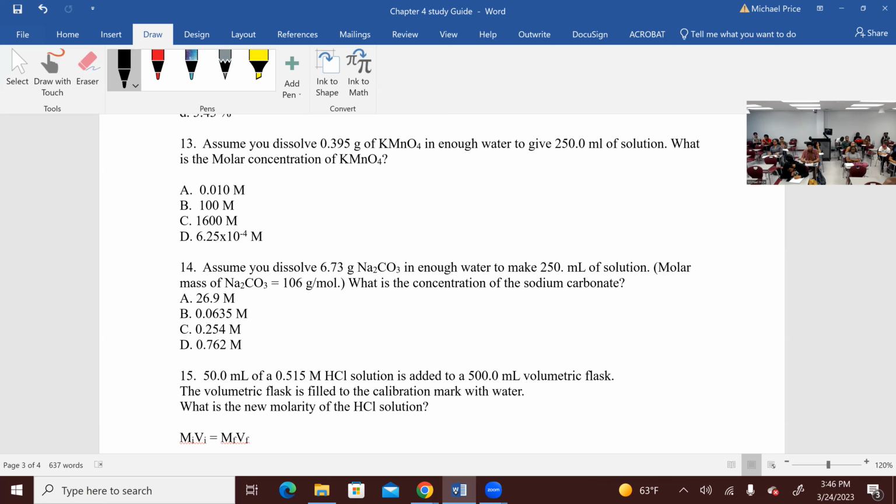Can somebody look up the molar mass of potassium permanganate on Google and tell me what it is? 158.034 grams is equal to 1 mole of KMnO4. Okay, so we got the molar mass there.